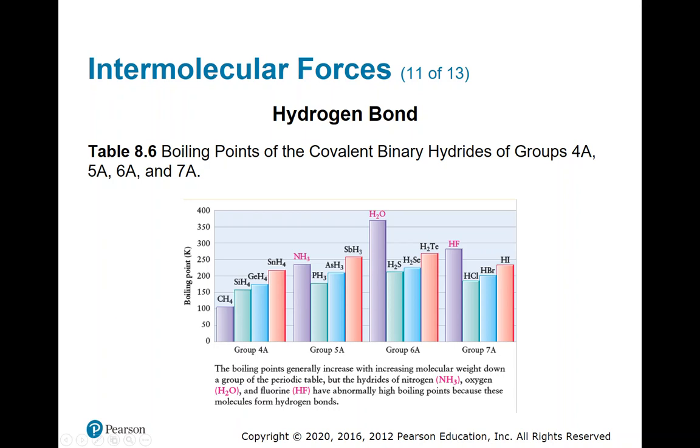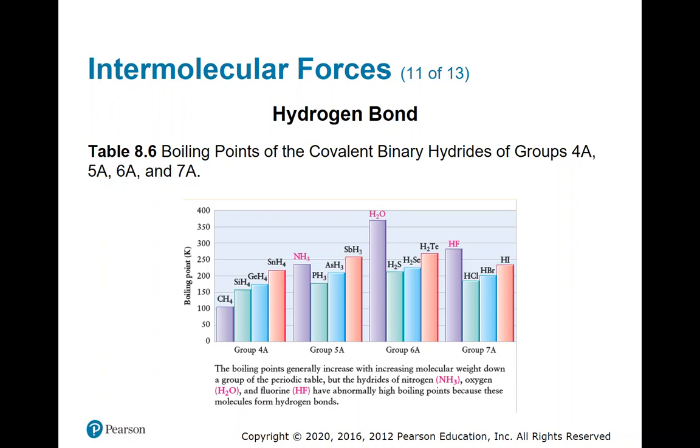And we can look at those and compare that trend with what we see in group 15, 16, and 17, or 5A, 6A, and 7A, where in group 15 we have nitrogen, phosphorus, arsenic, antimony, in group 16, oxygen, sulfur, and so on. And group 17, or 7A, are of course the halogens.